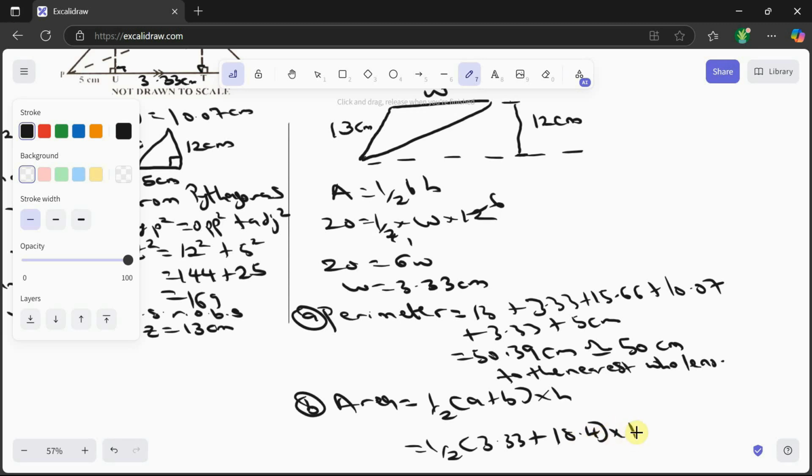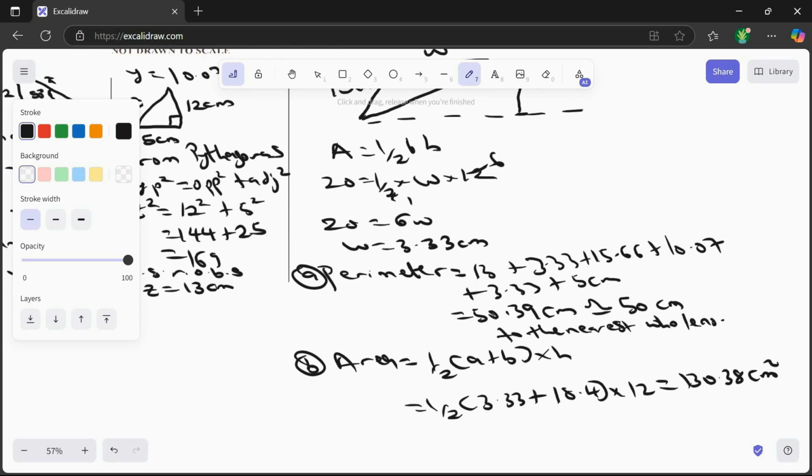Then the height is 12. So 3.33 plus 18.4, divided by 2, multiplied by 12, gave me 130.38 centimeters squared. But it said to the nearest whole number, so that is approximately 130 centimeters squared. So that's how we solve this particular question. Let's see if our answer is correct.